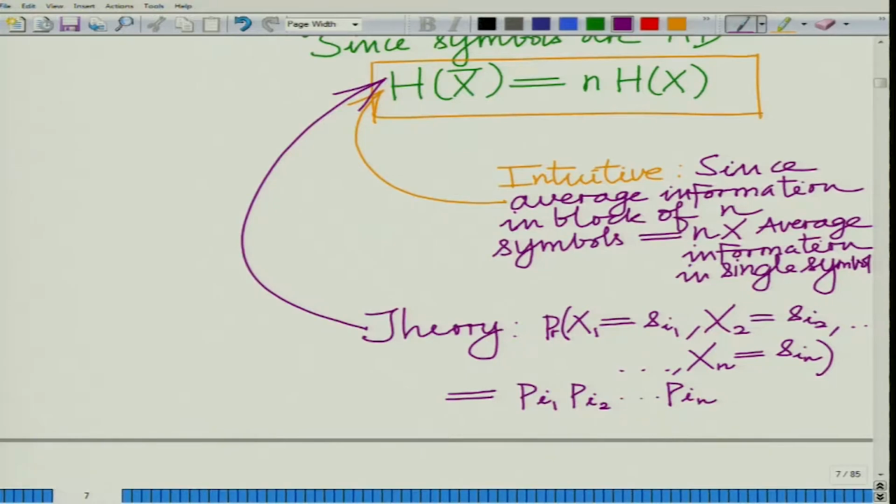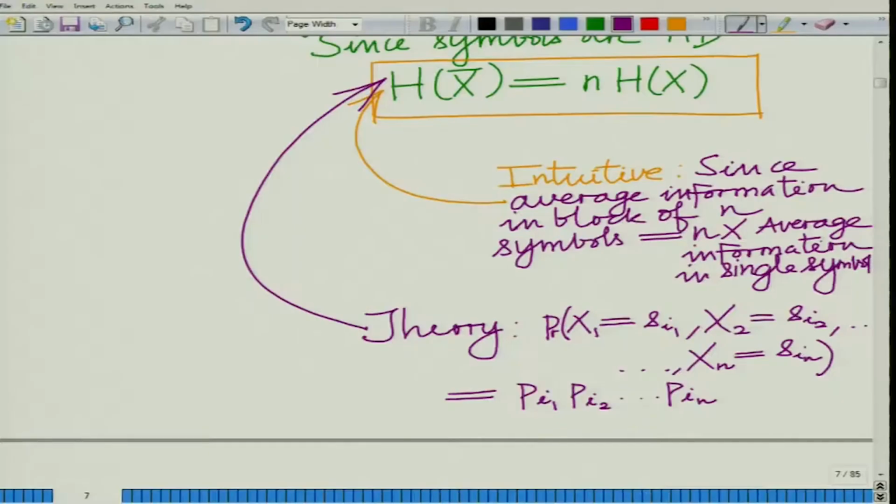And therefore, when you multiply the probabilities, in the log domain, when you take the log that you do in the entropy, you get the addition of the log probabilities. So, you can see the information is naturally proportional to the logarithm, so the information adds up.